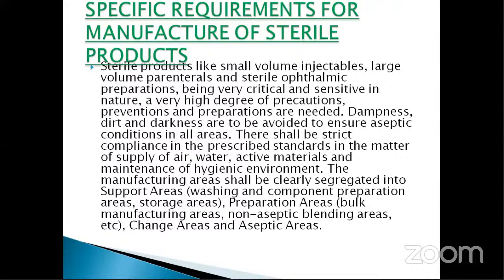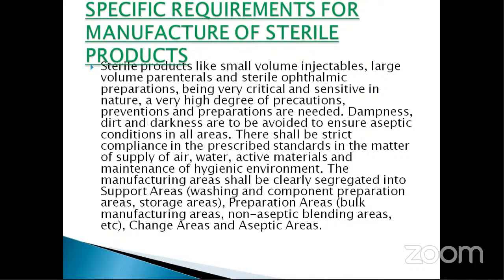You have to first see the general requirements. I have already told you. The dampness, dirt, darkness should not be there within the aseptic room where manufacturing will be done. There shall be strict compliance with the prescribed standards in the matter of supply of air. You know that air is supplied through air handling units. There are heating and chilling towers for temperature maintenance, and taking the outside air through a blower.